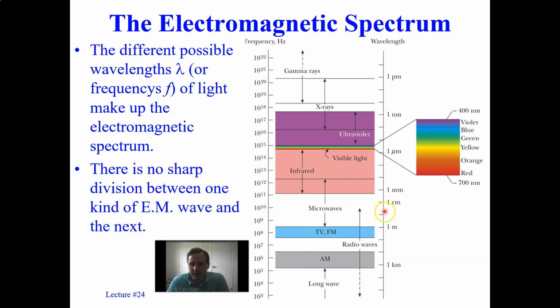Notice this region of the spectrum here, when the wavelength is very long and the frequency is very small, these are all classified as radio waves. Now, radio waves have lots of different subdivisions. We have things like AM waves, that's amplitude modulation.